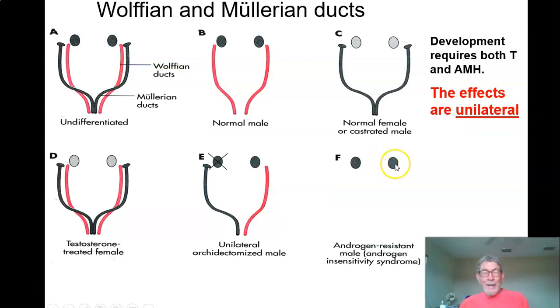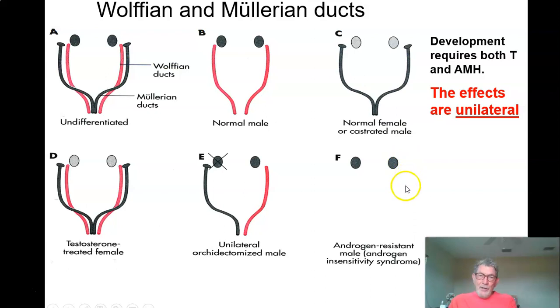But you are making anti-Müllerian hormones, so the female stuff goes away too. So here you don't have male stuff. You don't even think you're a guy because you haven't responded to any of the signals from testosterone. You think you're a female because externally, you look like a female.